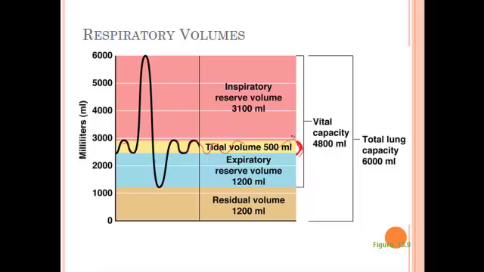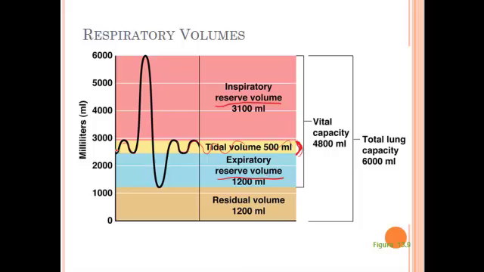Even though that's normally how much we pull in and push out, we have the ability to pull in and out even more. And we call these the reserve volumes. So we have the inspiratory reserve volume and we have the expiratory reserve volume. And this is how much you can either breathe in or breathe out beyond that 500 milliliters.